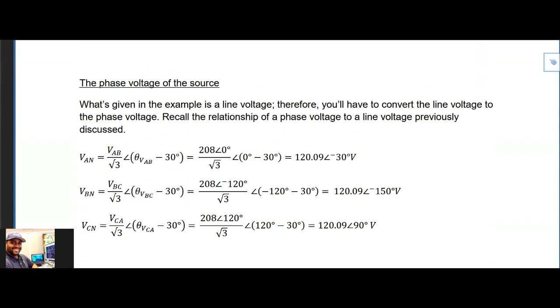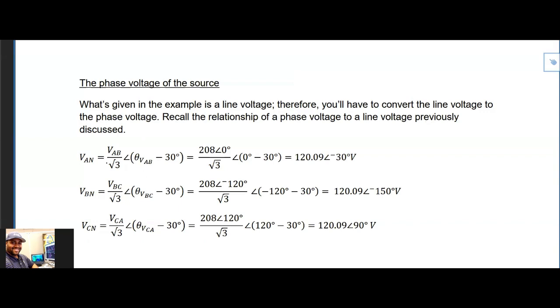So right here it says the phase voltage of the source was given. An example is a line voltage. So therefore you have to convert that line voltage to a phase voltage. Recall the relationship of a phase voltage to line voltage previously discussed.